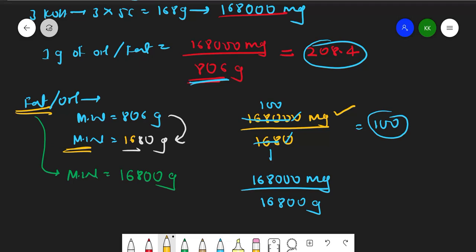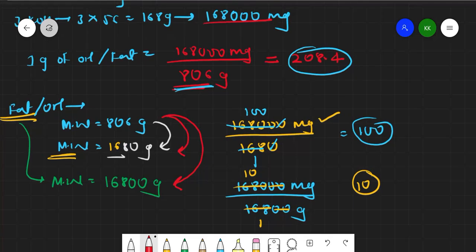Cancelling all these, it is 1 and it is 10, so I'll get 10. So if you see, as I increase the molecular weight of the fat from 806 to 1680 and to this, the saponification value kept on decreasing. It was from 200 it came to 100, from 100 it came to 10. So this is how you should remember, right?